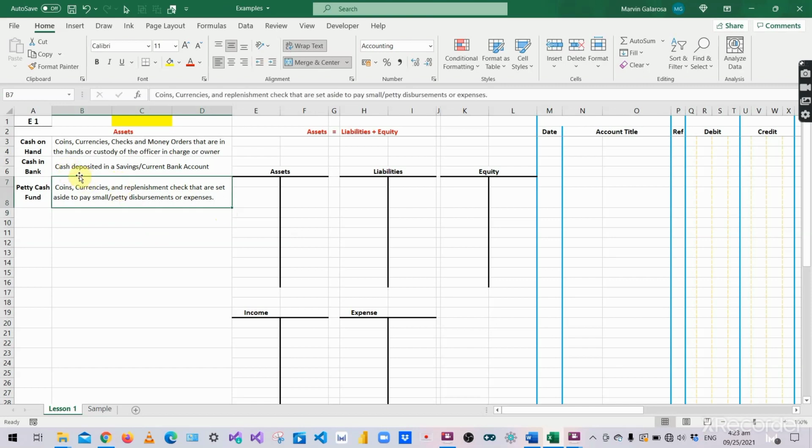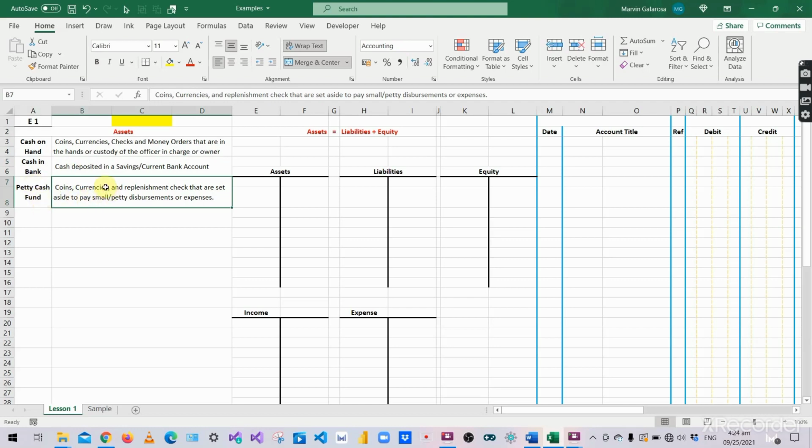So kapag meron kang cash in bank, kailangan mag-maintain ka ng petty cash fund. Bakit? You can pay your expenses or kapag bumibili ka ng goods, pwede mo siyang bayaran through checks, which is directly babawas sa cash in bank. Pero meron kang mga disbursements or expenses na maliit lang yung amount.